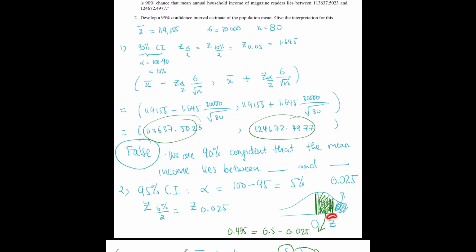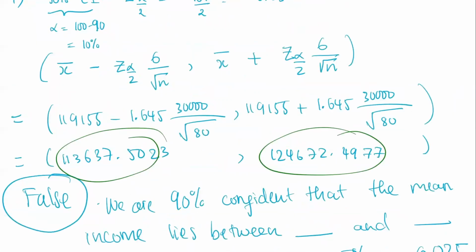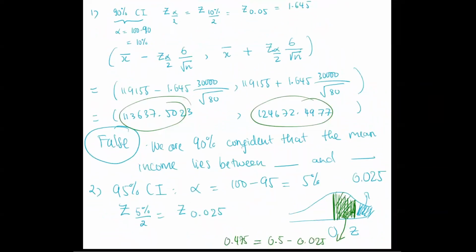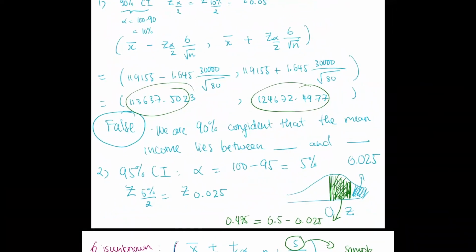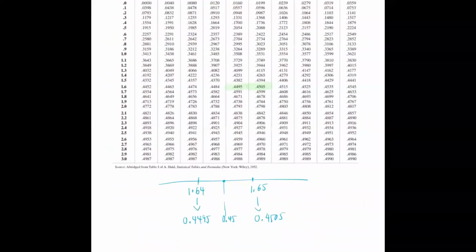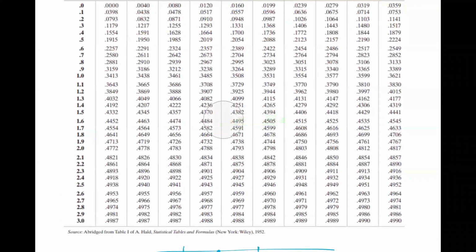So I want to find the z such that this area is 0.475. Oops. And I will look at the z table for this. 0.475.